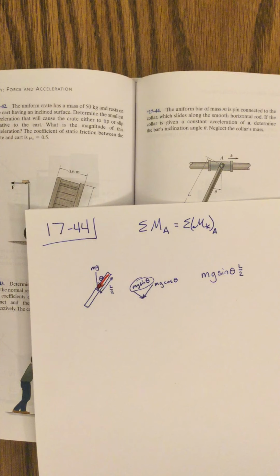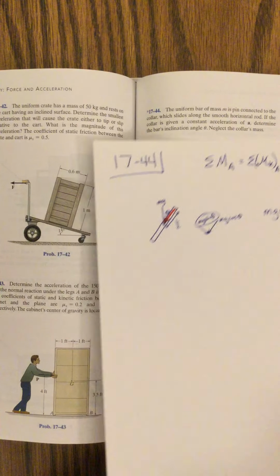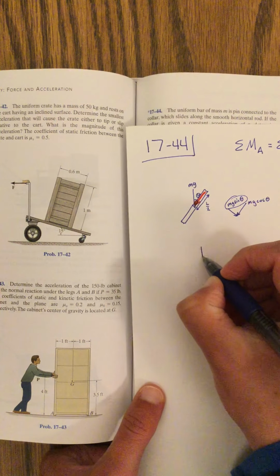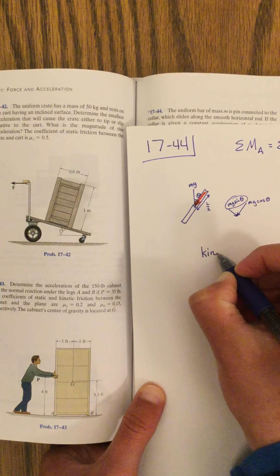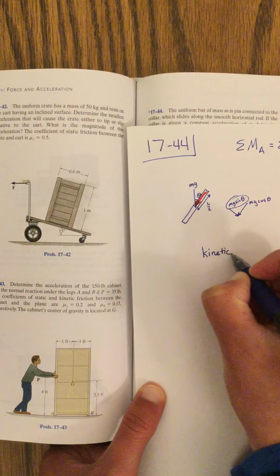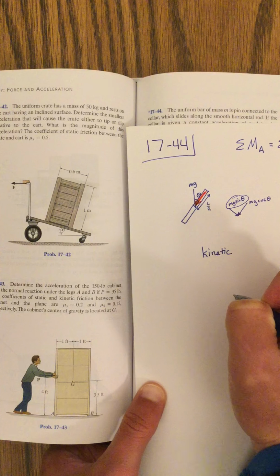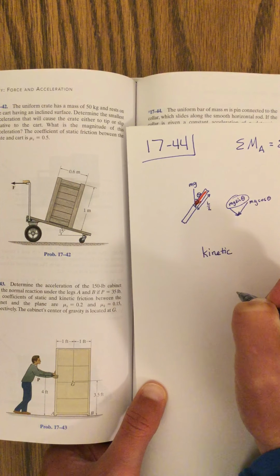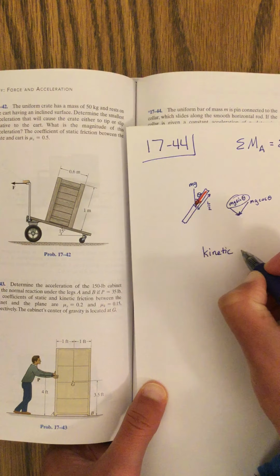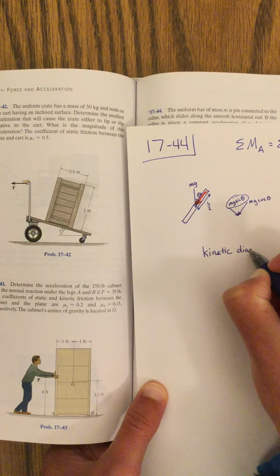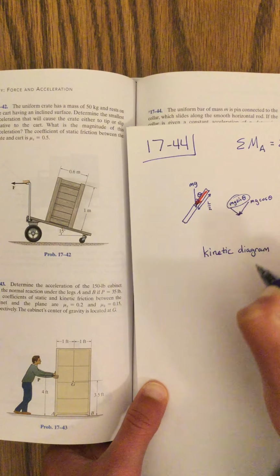To do this, we're going to draw a kinetic diagram for the problem in which we put the mass times the acceleration. And if we had angular acceleration, we would also put the moment of inertia times the angular acceleration, but there is no angular acceleration in this problem.